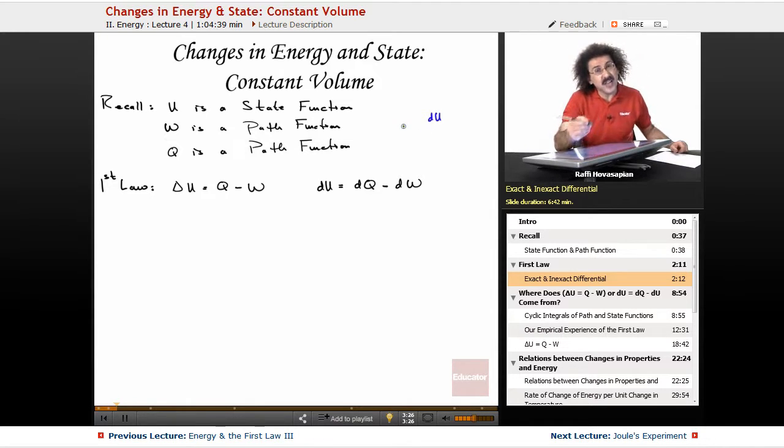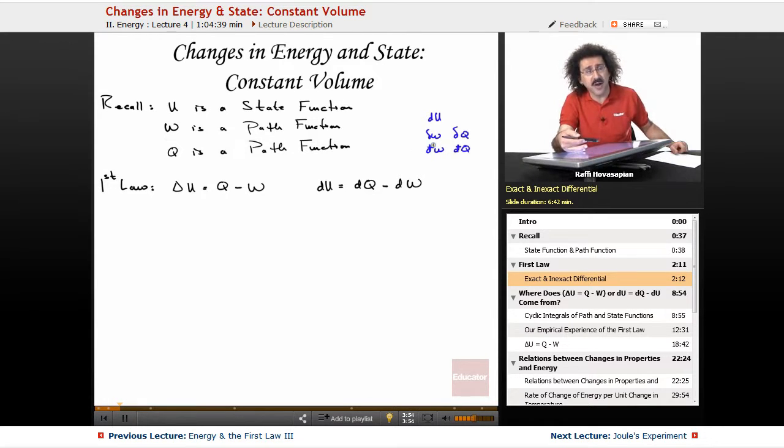And they'll use some variation of that for a path function. You'll often see something like the small Greek delta for dw and dq, or you'll see d with a line through it for dw and dq. This lets us know that these are path functions. More specifically, from a mathematical point of view, they're inexact differentials. So a state function is an exact differential, and a path function is an inexact differential.